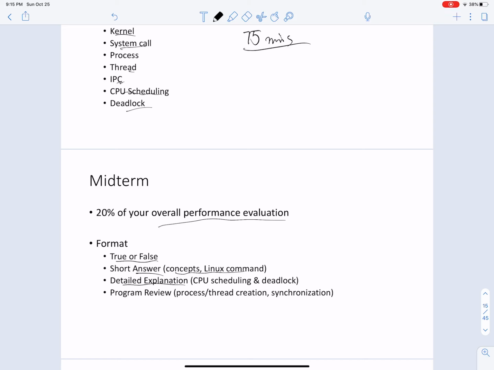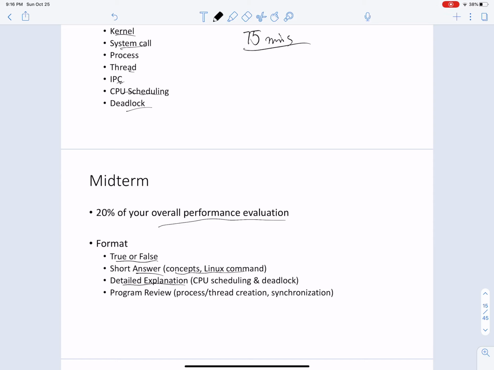And then the last part is going to be program review. The format is that I'm going to provide you a small program and ask you, okay, what is the expected output. Here I don't expect you to write down any code by yourself, but I want you to demonstrate that you understand what the algorithm does.